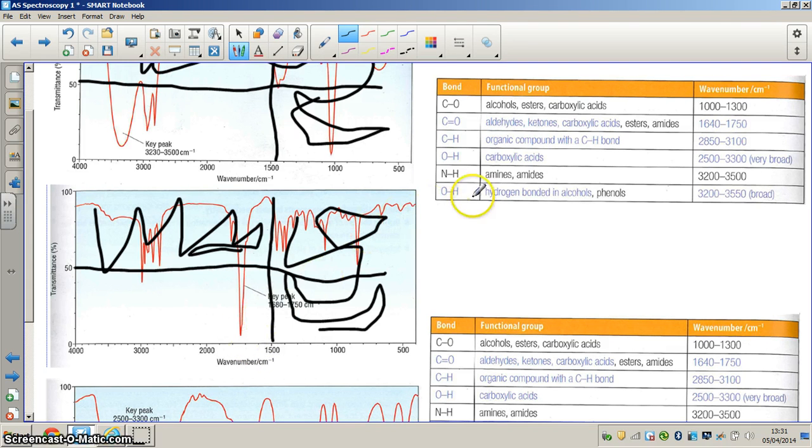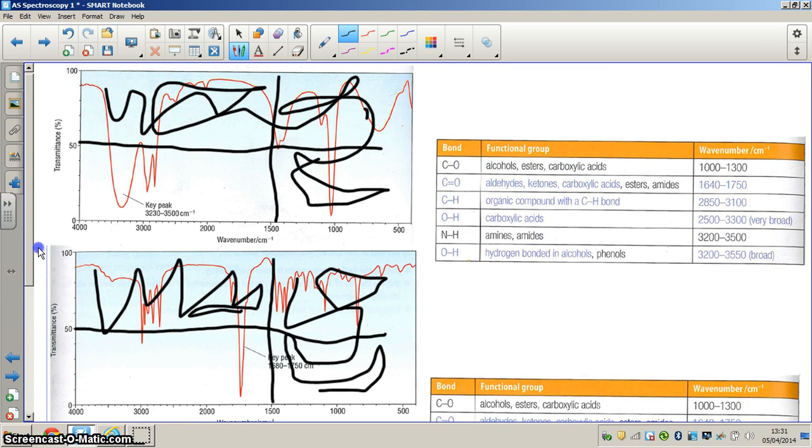If we look at our data sheet, a peak at 1700 suggests that we have a C double bond O group. So we've got either an aldehyde, a ketone, carboxylic acid, or an ester. So somewhere in there there's a C double bond O. And again, as with our first example, all that we can say from this IR spectrum is that we have a C double bond O somewhere in the molecule.